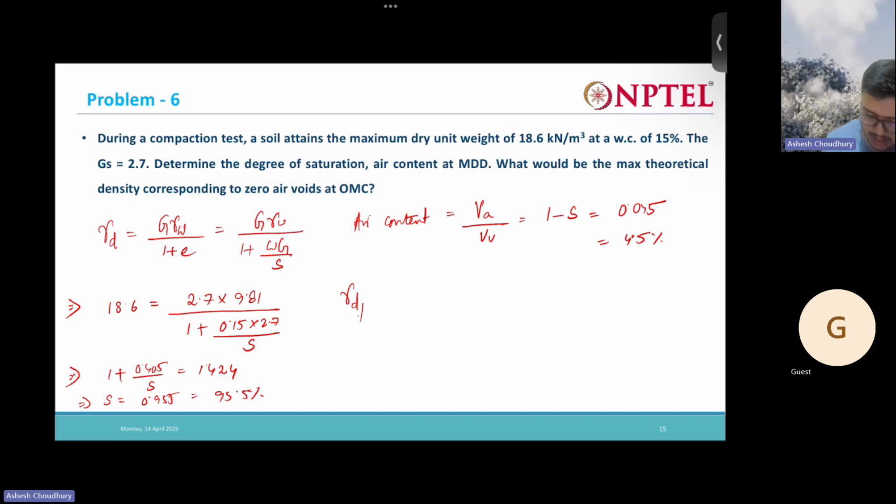Gamma d theoretical maximum is G gamma w, just here S put as 1. It will give you the theoretical maximum.